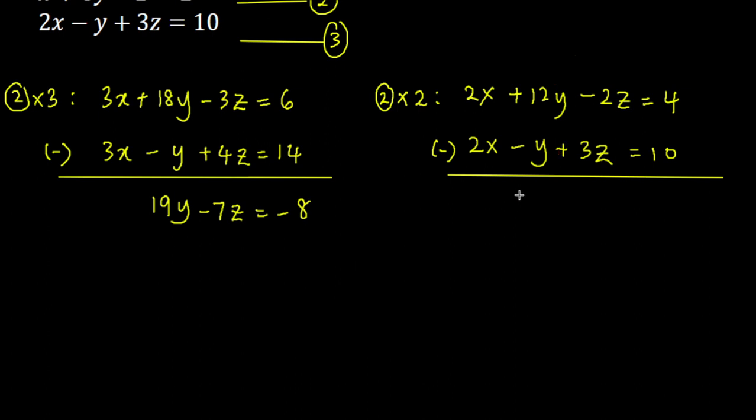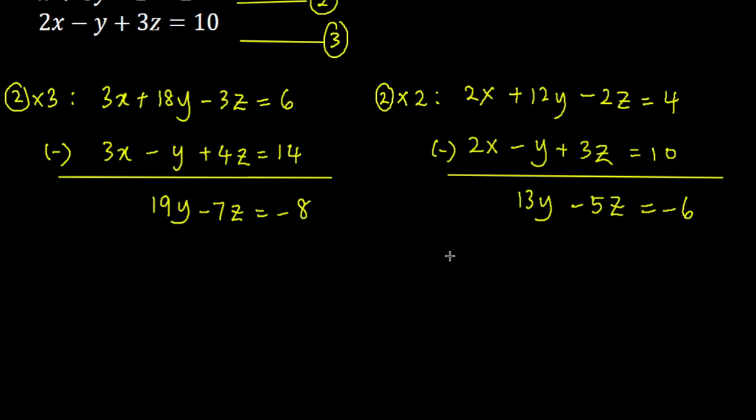So I will put here 13y. Okay, negative 2z minus 3z will give you negative 5z, equals to 4 minus 10. 4 minus 10 is negative 6. I will write here negative 6.